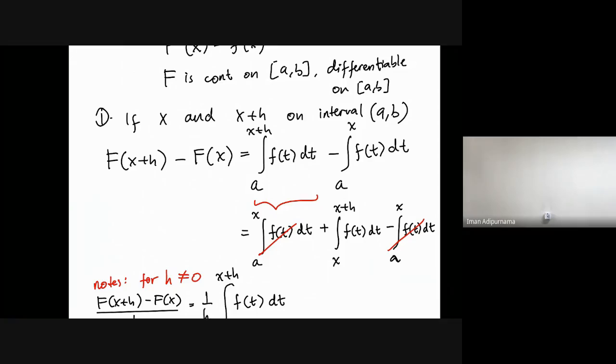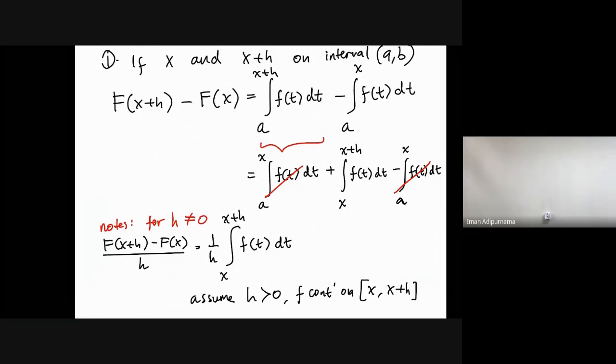Let's divide this by h, and also 1 over h here. Let h be the distance between x and x plus h. We assume h is not 0, and also positive.